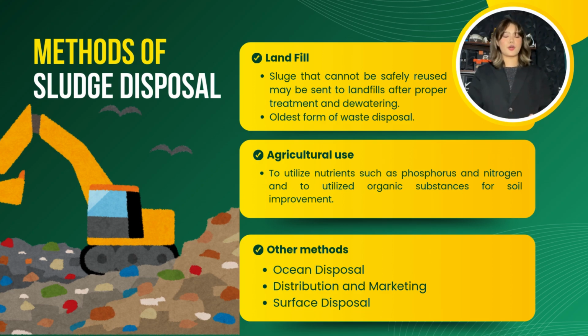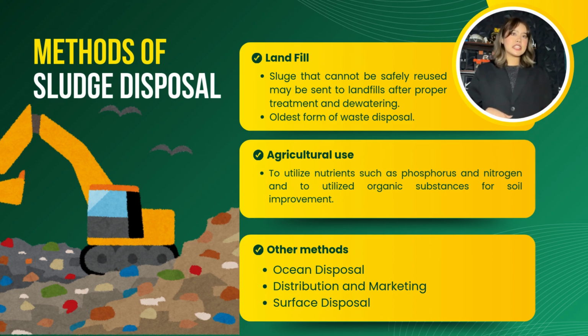Methods of sludge disposal. First is the landfill, which is very common and the oldest form of waste disposal. The sludge that cannot be safely reused may be sent to landfills after proper treatment and dewatering. Next is agricultural use, which utilizes nutrients such as phosphorus and nitrogen, and organic substances for soil improvement.